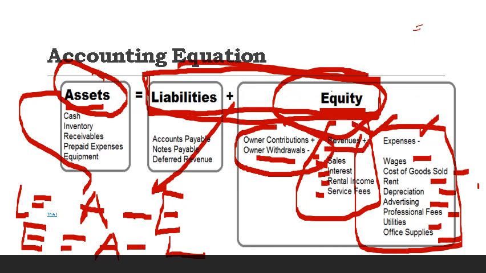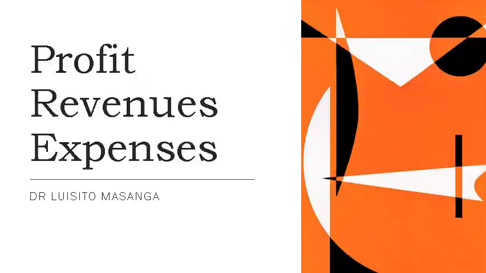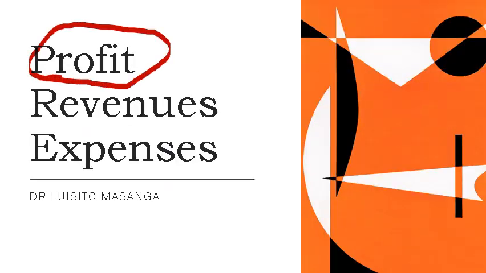Now, let's go to a much deeper understanding of owner's contribution, or what we call the profit of the business. When we say profit, it is equal to revenues minus expenses.